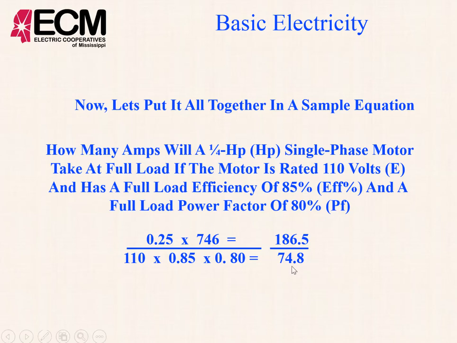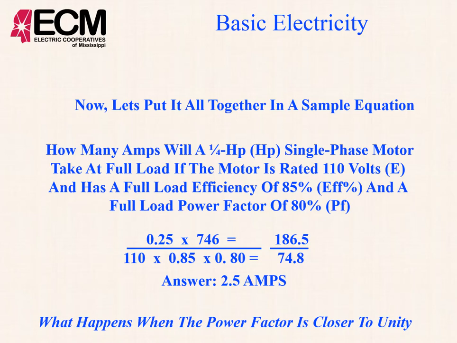That's our voltage, and then that's our wattage, and we're going to divide that into our wattage, and we're going to come up with our amperage. So a 1/4 horsepower motor supplied with 110 volts, 85% efficiency, and a full load power factor of 80%, that motor will draw 2.5 amps. Okay, pretty simple, useful stuff.